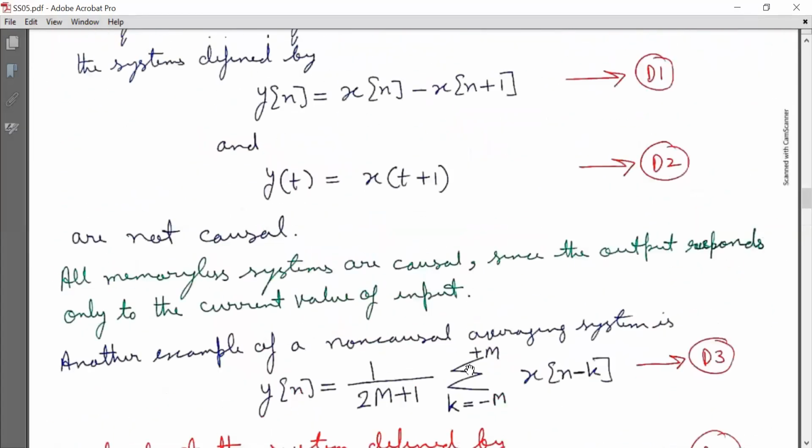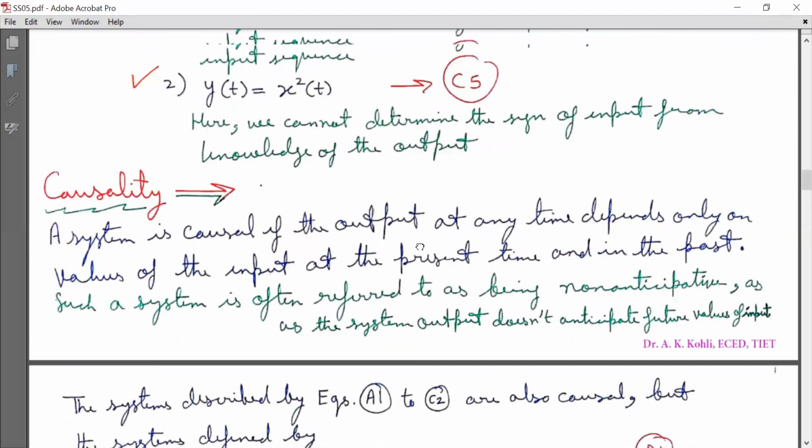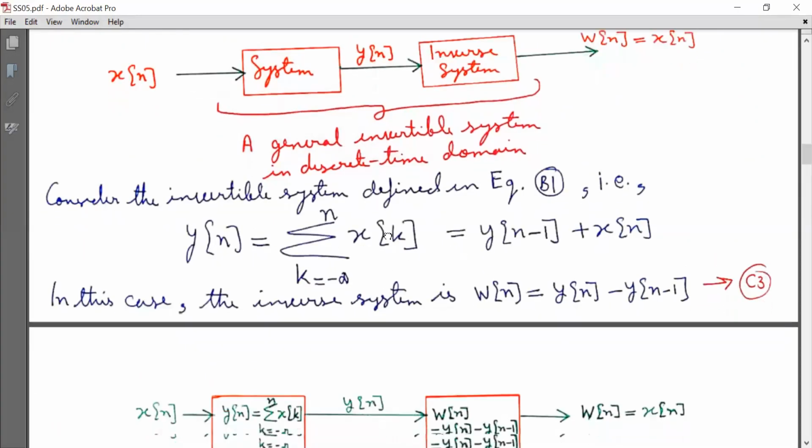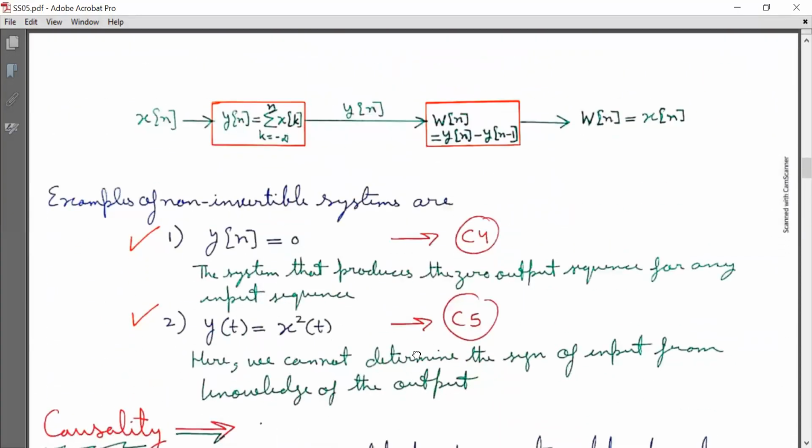Once more, we will see what is happening in the accumulator. This is the equation for the accumulator. So this is the output, that is summation k running from minus infinity to n x[k]. Now x[k] is u[k], that is the unit step function.